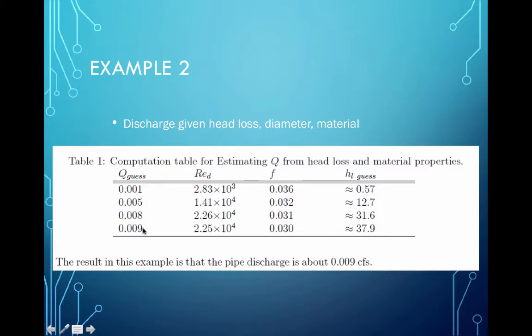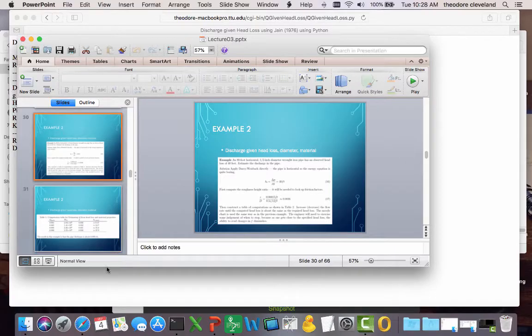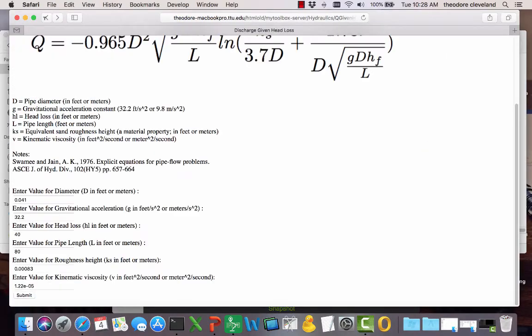Ours was 0.0009 cubic feet per second. And so probably the main difference is the roughness height. Let's repeat the online one with the same roughness height that was used here. Roughness height was 0.015.